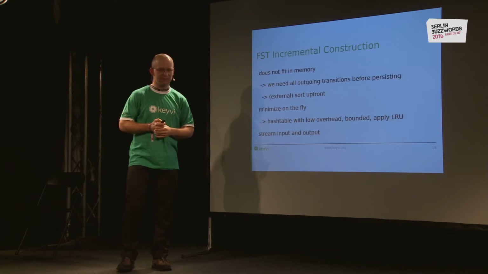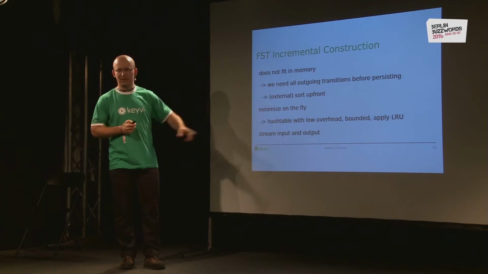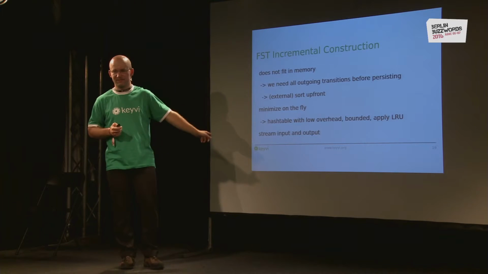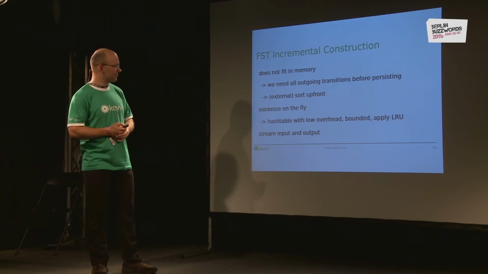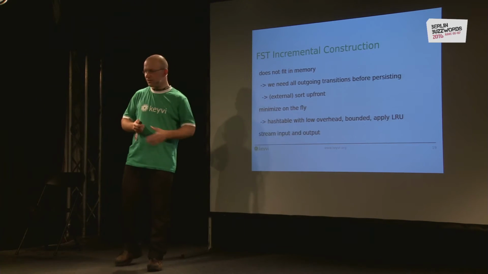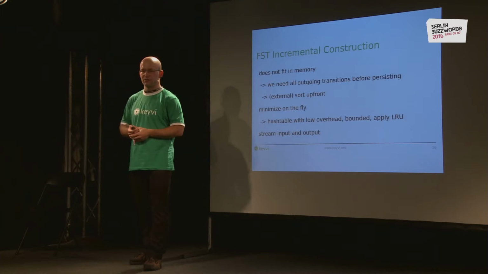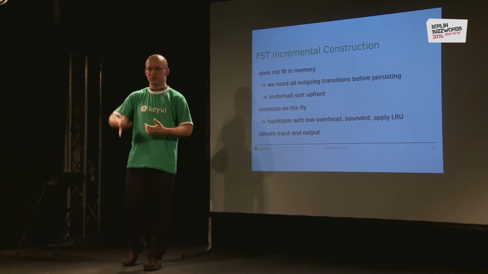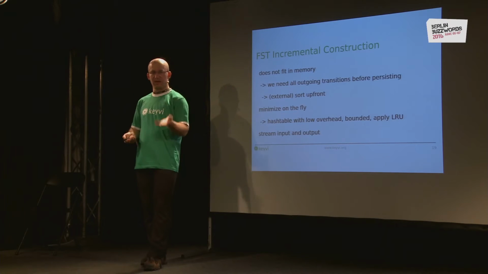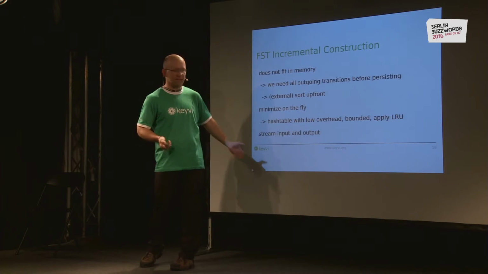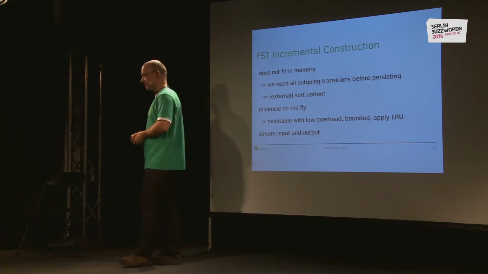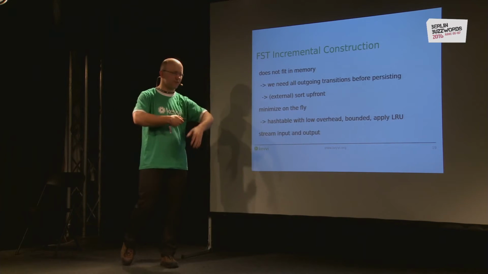This is horrible for academics, but in practice, it saves you. And what Keyvi also applies is an LRU algorithm, least recently used. We push the states which have been minimized up in the hash table, and we throw away the ones which don't minimize. And in the end, we somehow have to stream input and output.